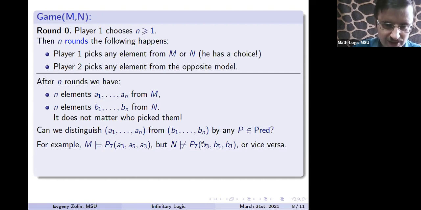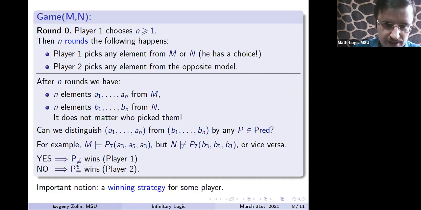And we need to check if in the first case we obtain true and in the second we obtain false, then the first player wins. If in all cases we obtain the same answer, either true true or false false, then the second player wins. The second player wins this particular game.